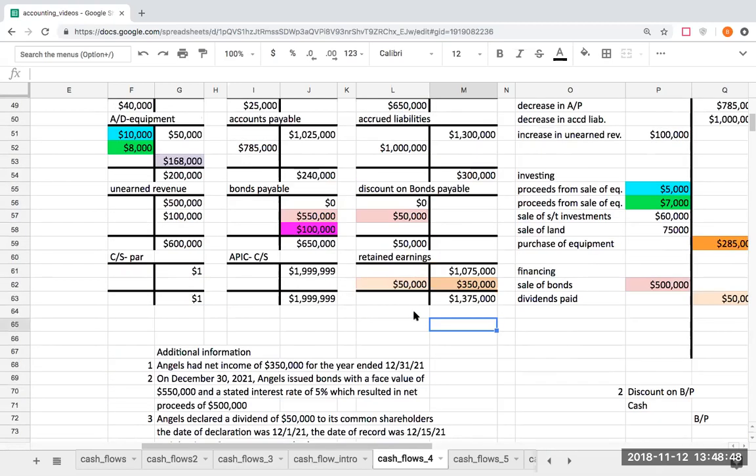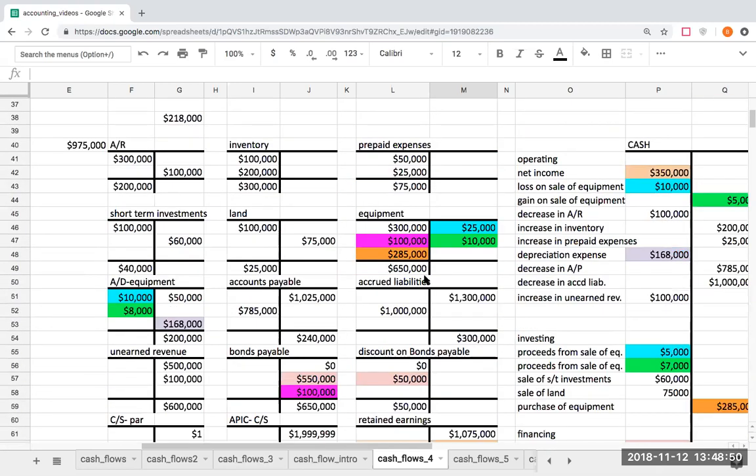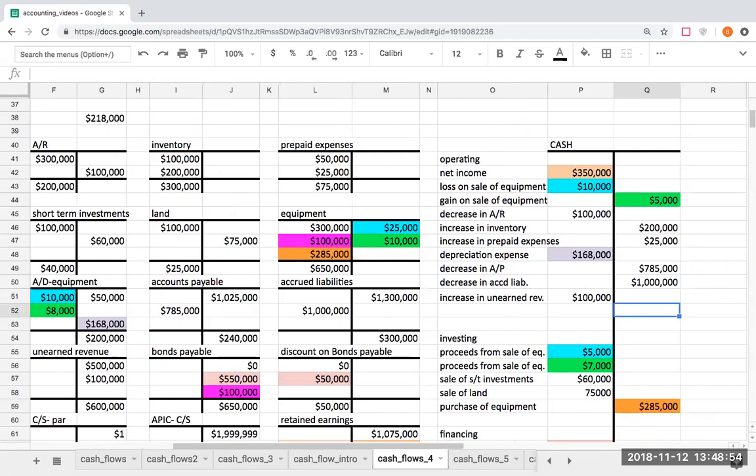Okay, so now that I've gone through and done all of these different things, what I now need to do is to determine what was my net cash from operating activities. And so here, what I'm going to do first is total up my debits and my credits.